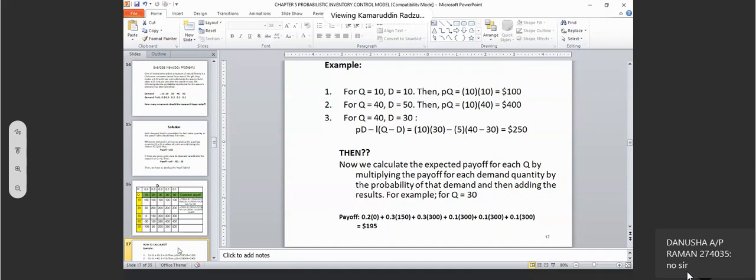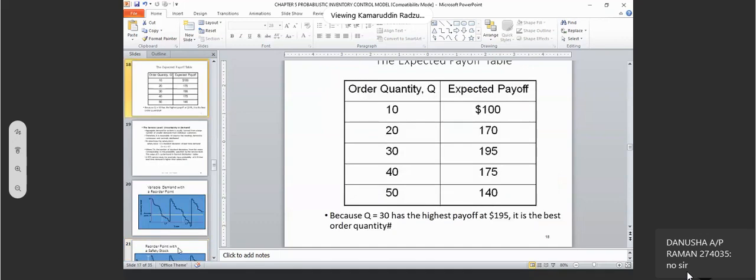Okey. Jadi kita kirakan semua dan kita akan perolehi maklumat pada akhir nanti expected payoff. So we have all the information about the expected payoff for each order quantity. Based on this expected payoff, we need to choose the one with the highest profit.